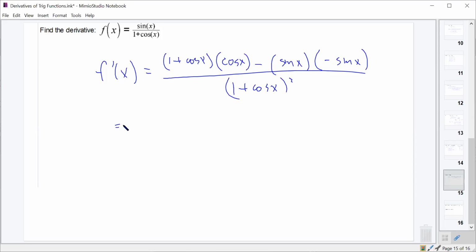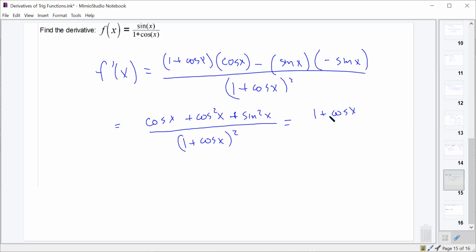Should get cosine x, if you distribute that, plus cosine squared x, plus a sine squared x, all over 1 plus cosine x squared. And that gives us 1 plus cosine x in the numerator, if we simplify the cosine squared plus the sine squared, over 1 plus cosine x squared.